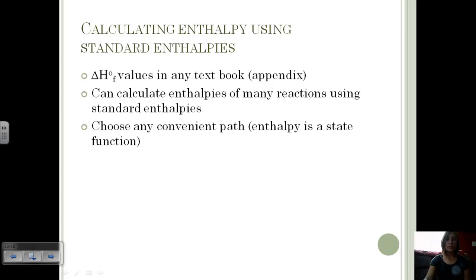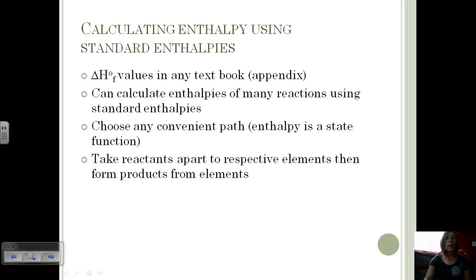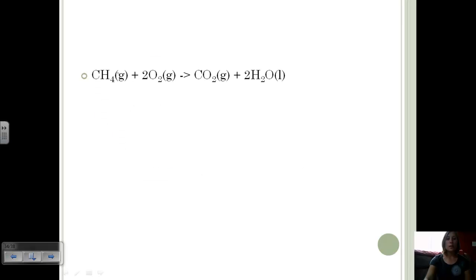And we basically choose any convenient path, whatever reaction works, because remember, enthalpy is a state function, so we're only concerned with beginning and end, not really how we get there. And so remember we said that the standard enthalpy is the formation of the compound from the parts. So we take reactants apart to their respective elements and form the products from those elements.